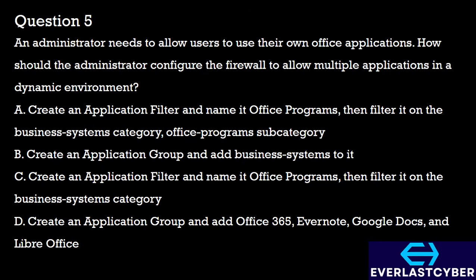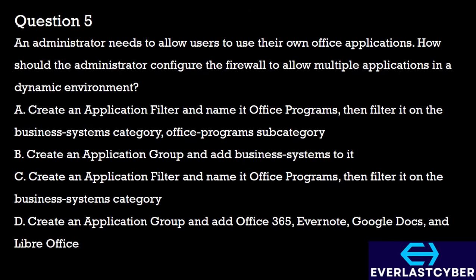B. Create an application group and add Business Systems to it. C. Create an application filter and name it Office Programs, then filter it on the Business Systems category. D. Create an application group and add Office 365, Evernote, Google Docs, and LibreOffice.